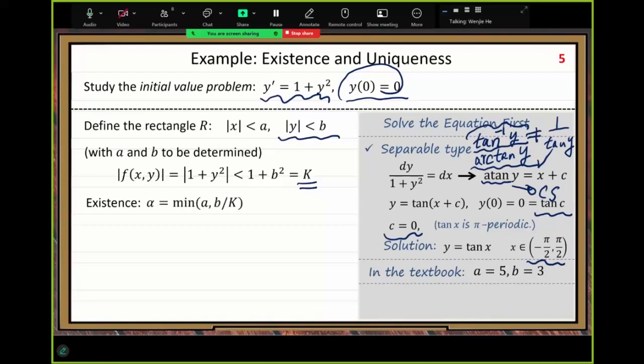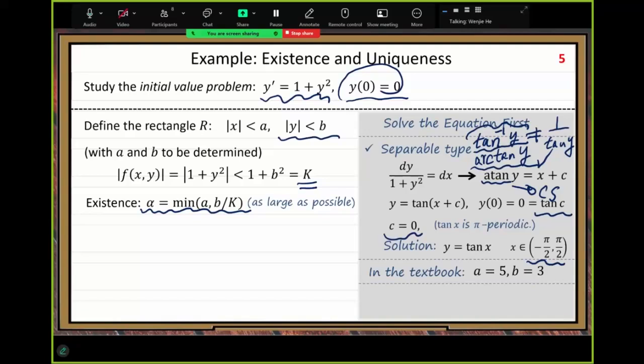So the existence interval, in this smaller subinterval alpha, based on the formula given, should be the minimum of A and B over K. But what is B over K? There is some uncertainty in B over K, right?